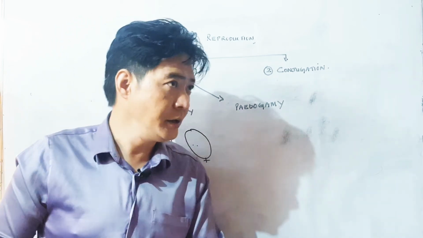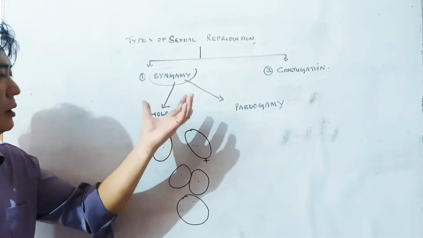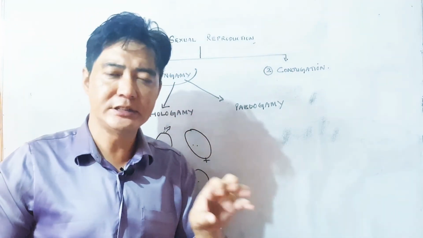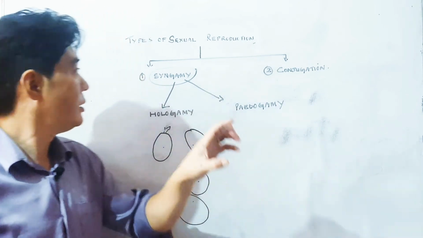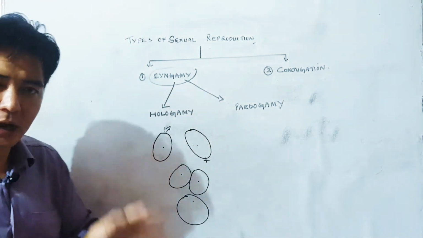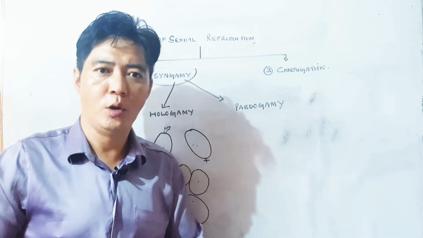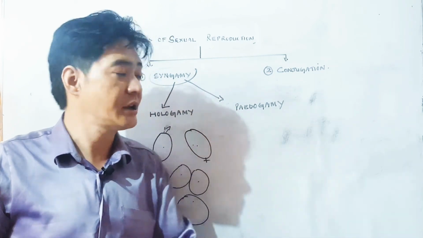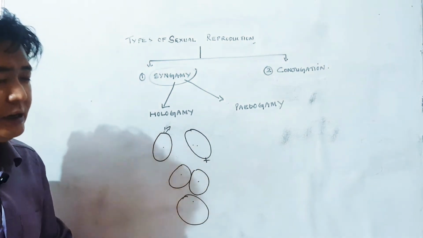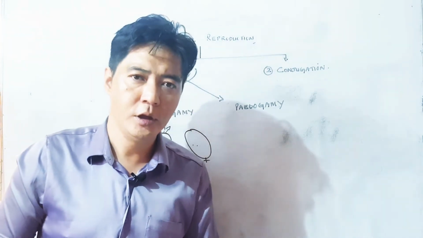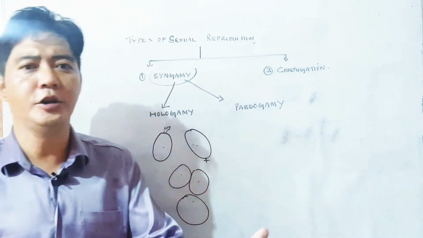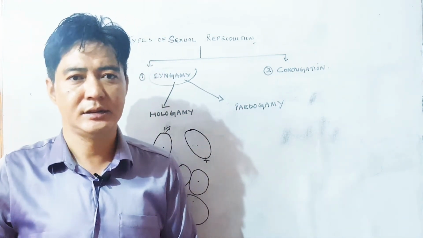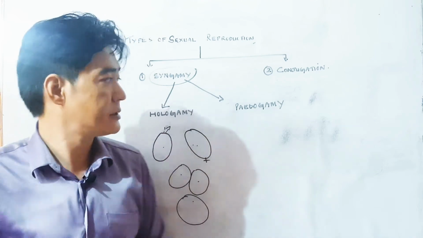Again I am repeating, on the basis of maturity of the parental cell, syngamy is of two types, that is hologamy, where matured whole individuals act as a gamete. In case of pedogamy, newly formed or newly born cells act as gametes.